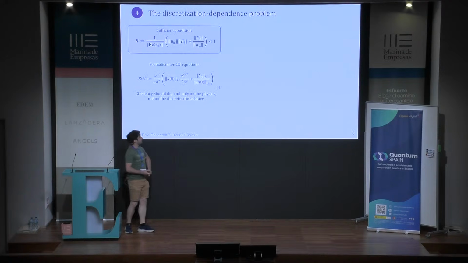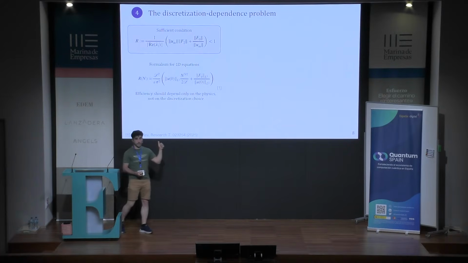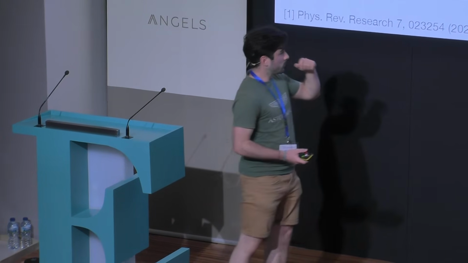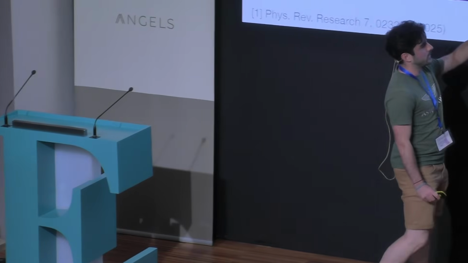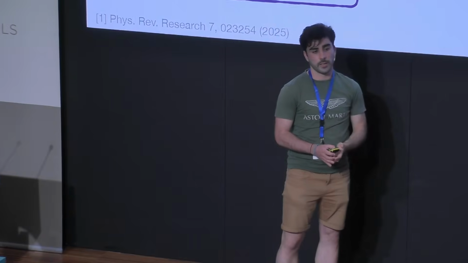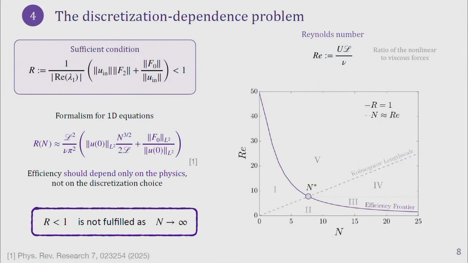Nevertheless, there is a problem in this approach, given that this sufficient condition R depends on the discretization choice. We can see this in this plot, where the purple line represents the limit. The Reynolds number is the physical parameter which measures the ratio between the nonlinear and the linear parts, and the purple line is the best Reynolds number we can achieve for a given number of points in the discretization, or in the mesh.